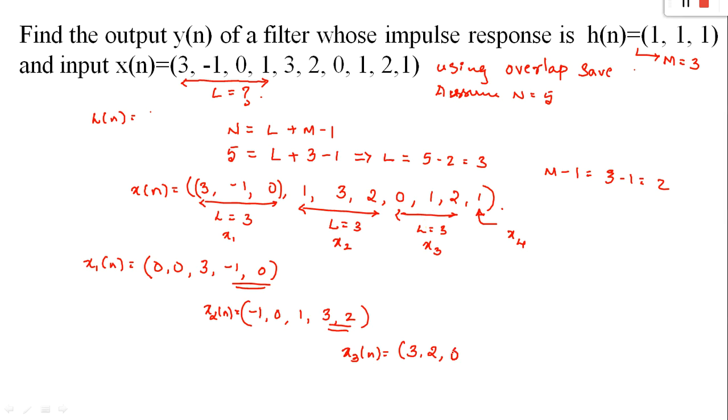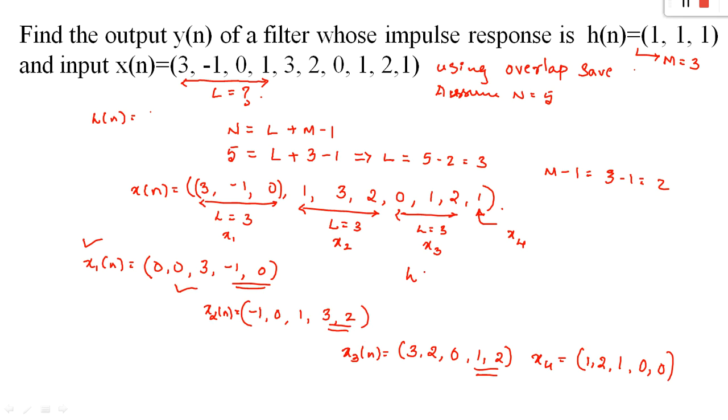Now the fresh values 0 1 2. Then finally x4, as usual I must take the previous two values 1 comma 2. Then the fresh values I am left with only one, but I need to match the length. I will append zeros. How many zeros I should append? Totally 5 values, so I should append 2 more zeros, that's it. So I got x1, x2, x3 and x4.